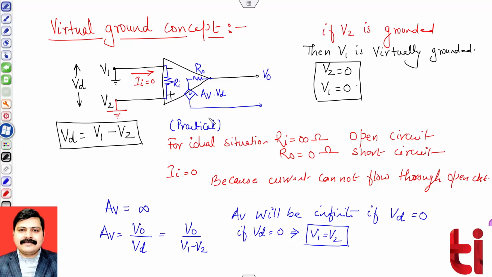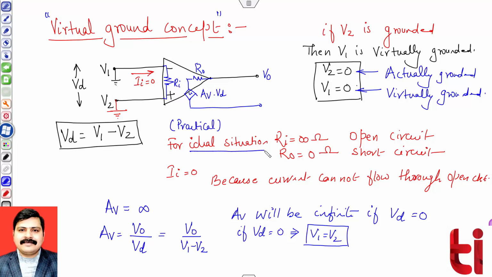But over here you can check, V2 is actually grounded, but V1 is a virtually grounded terminal. So this is the virtual ground concept, and this concept is valid for ideal situations, that means for an ideal op amp.